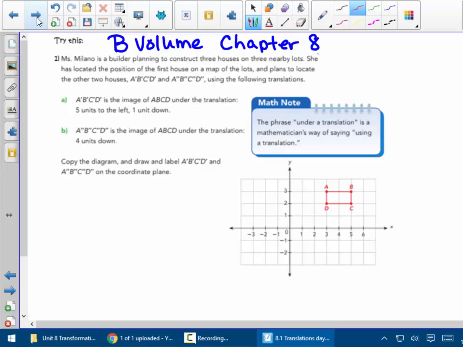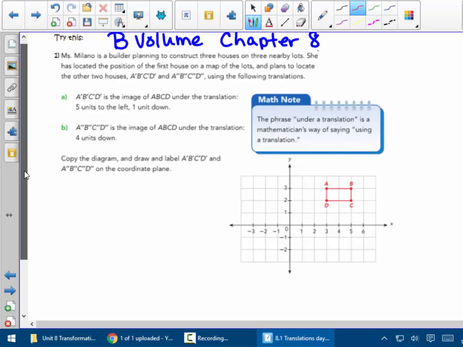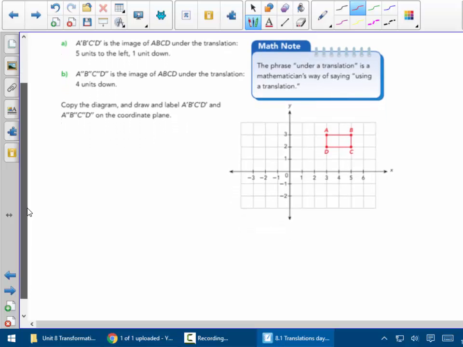So I'm going to start and do just A to begin with. A says 5 units left, so x minus 5, and 1 unit down, y minus 1. So that's what's happening to my coordinates. So A prime, 5 left, takes it over to negative 2, 2.